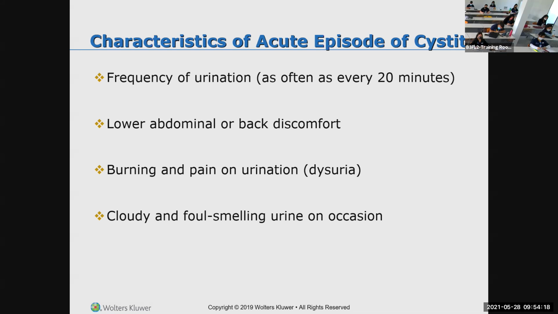Make a note there: may be cloudy, may be bloody, foul smelling or strong smell of the urine, which leads to something going wrong in my urine, starting from the cystitis over here. And it is clear.